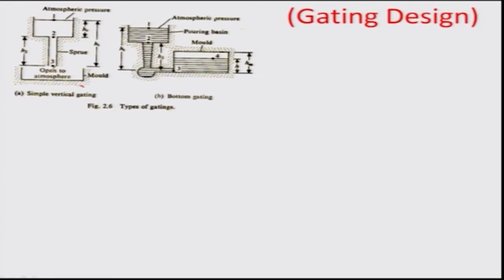So, in the simple vertical gating design, suppose we are talking about point 1 and point 3. Okay. So, if I want to use the energy balance equation between point 1 and 3 in this particular case, I can have point 1 at atmospheric pressure.